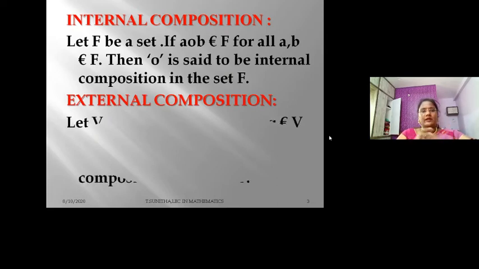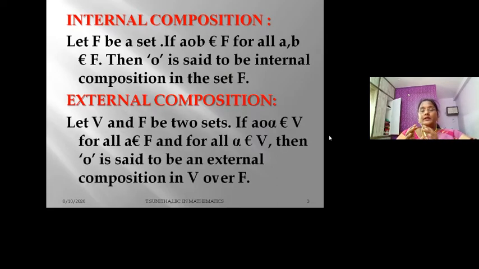Coming to external composition. So what is external composition? There, we took only a single set F. Here, let V and F be two sets. If a ∘ α belongs to V, for all a belongs to F and for all α belongs to V, then ∘ is said to be an external composition in V over F. Did you get my point?